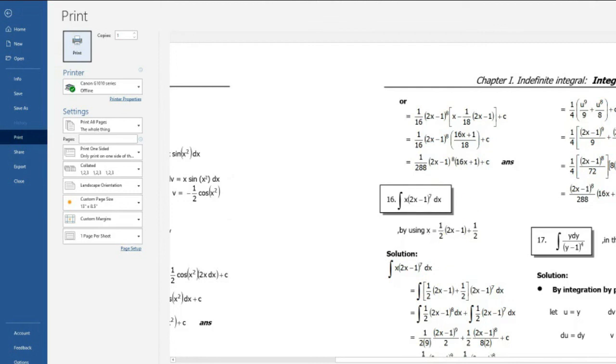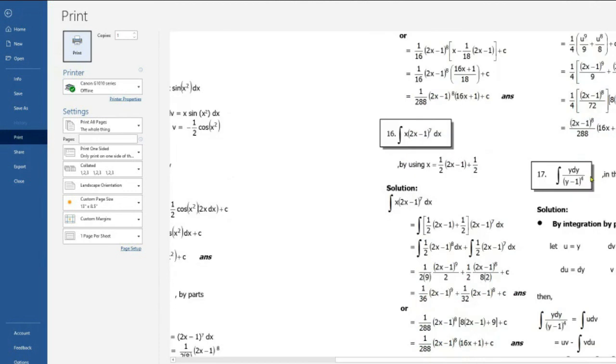Pero actually, x lang din sila. Then, nung sinubstitute dito, ayan, pinag-factor yung 1/2. Then, minultiply doon. May natirang isa, magiging 1/2, 2x minus 1 raised to 7. Ito raised to 8. So, pwede mo nang i-integrate.